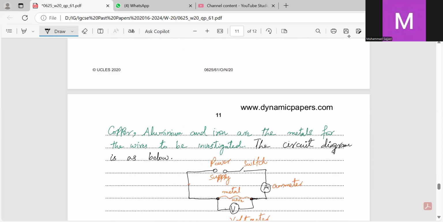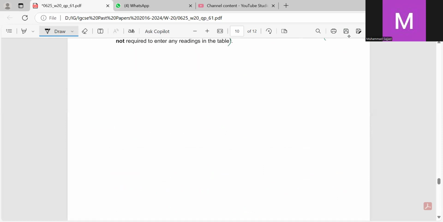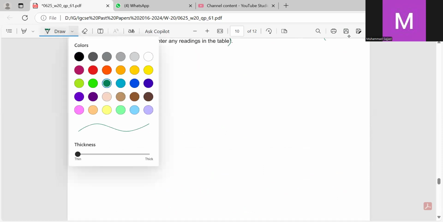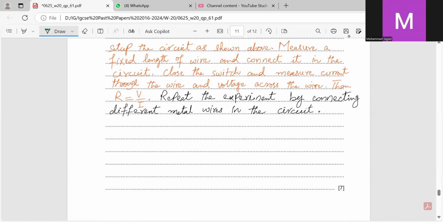Then what is next? Next is state the key variables to keep constant. So key variables to be kept constant are, now this you have to write in the form of a paragraph. Recommended: length and diameter, or area of cross section, anyway it's okay.